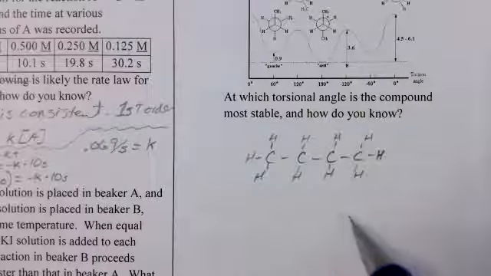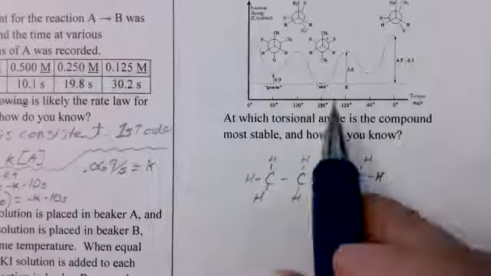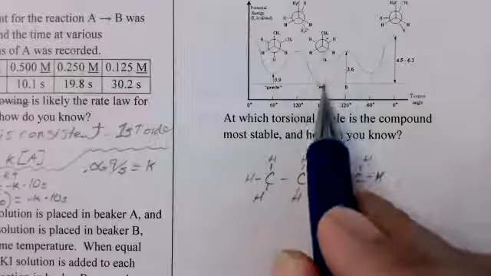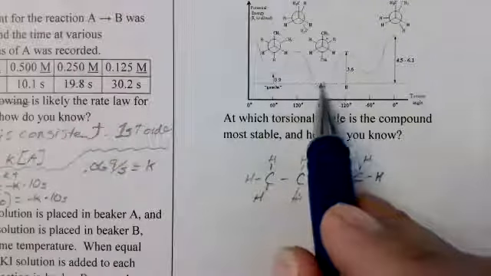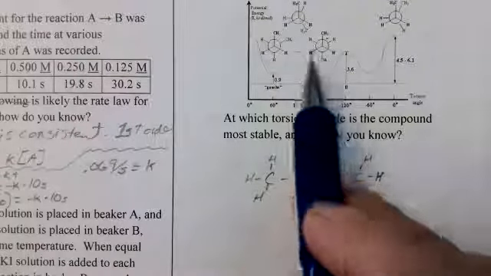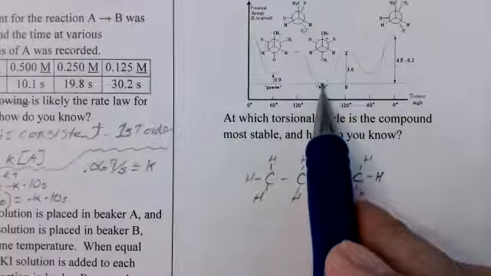So the most stable version of something is the one that has the release of the most energy. And if it has released the most energy, it is the one that has the least potential energy left over at the end. This is the most stable version. And I don't know that because of the diagram. I know that because it has the least potential energy.